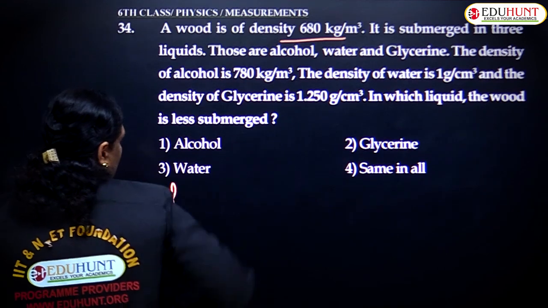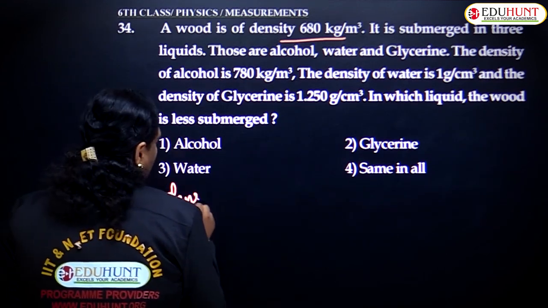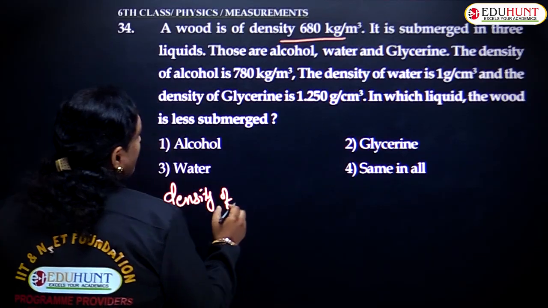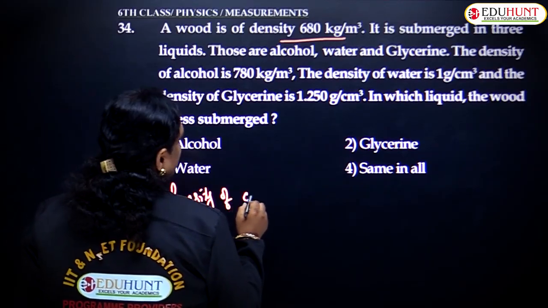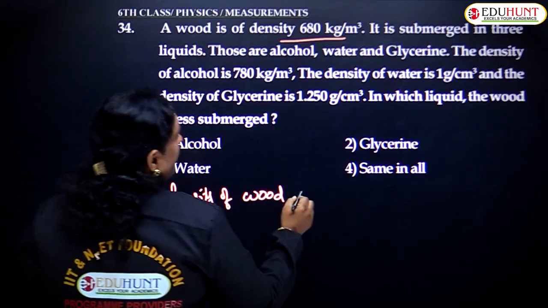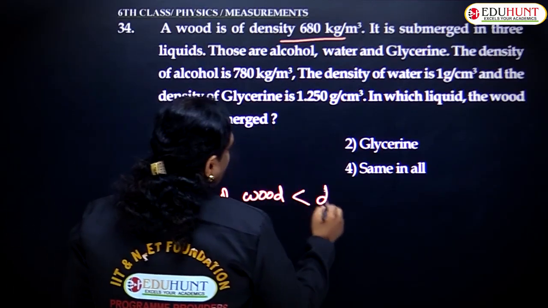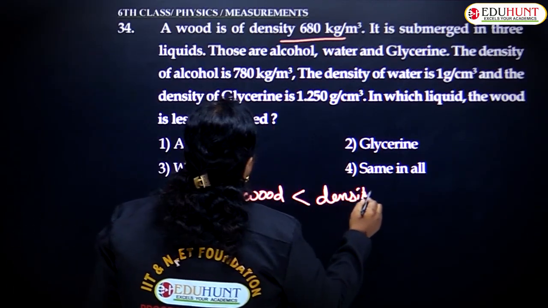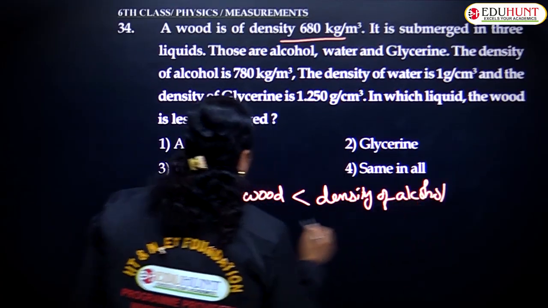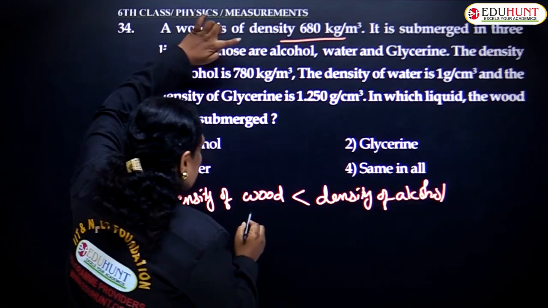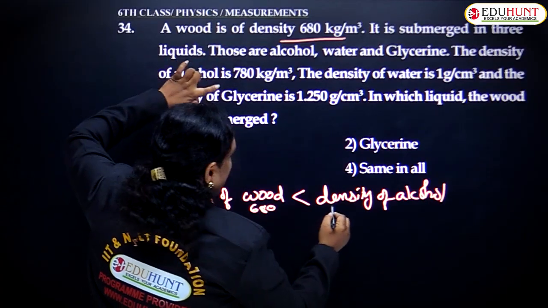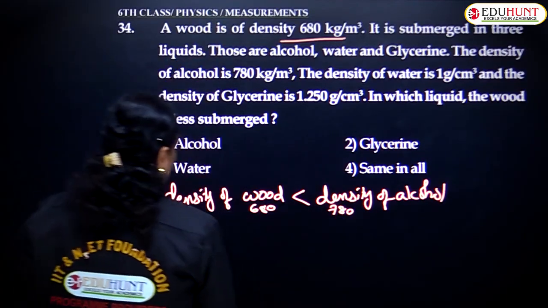So the density of wood is lesser than the density of alcohol. Why? Because here wood is 680 and here it is given as 780, so a lesser value.